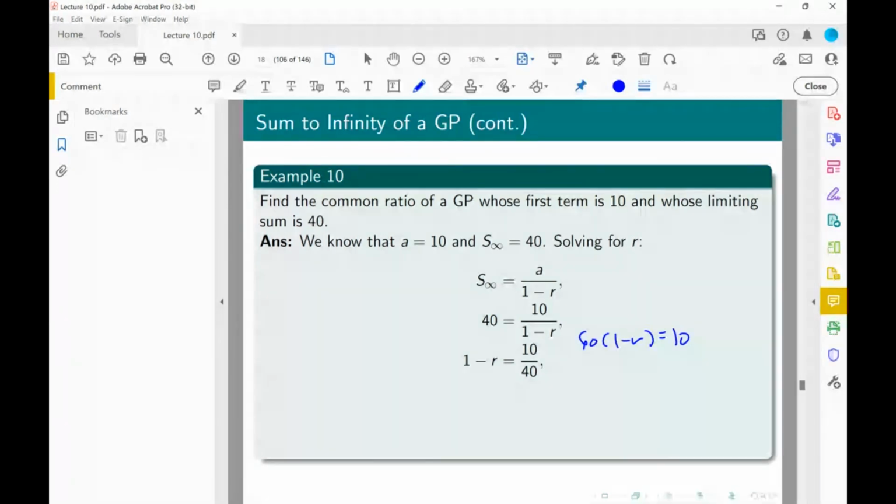We finish off to find what the ratio is. 3/4. Do we agree with that? That's 3/4? Yeah, so it's going to be 1 minus this quarter, which is 3/4. That's the common ratio.